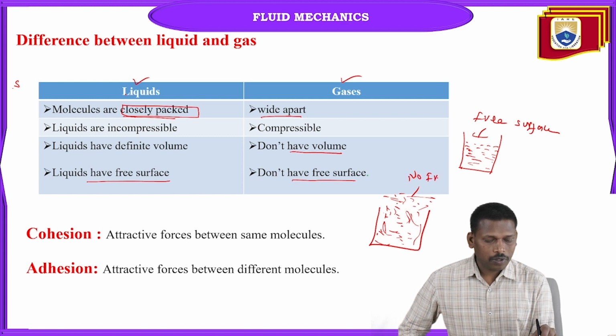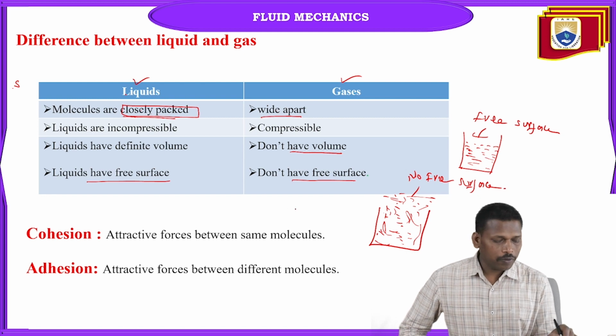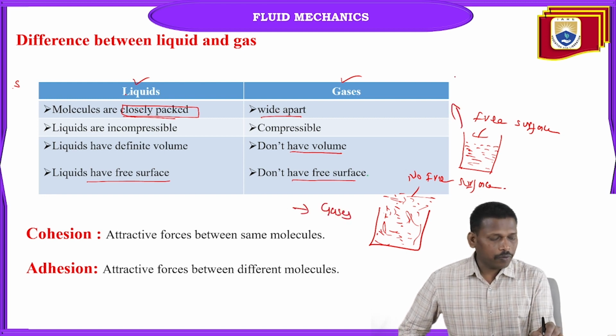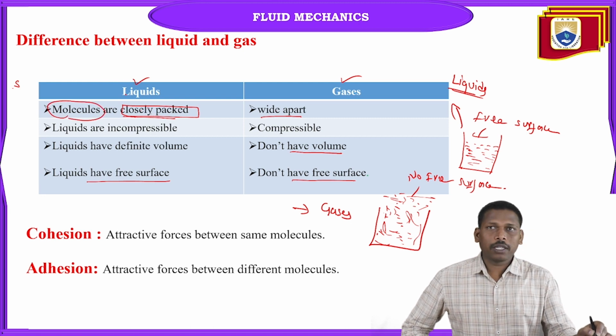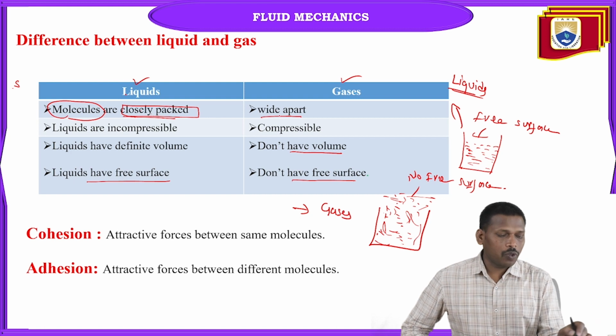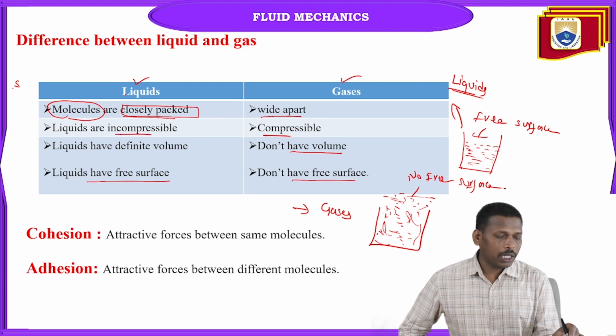So here the molecules are closely packed in case of liquid compared to gases, whereas the molecules are wide apart in case of gases, and liquids are incompressible, gases are compressible.